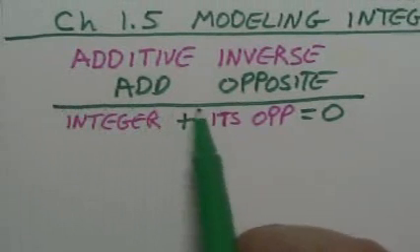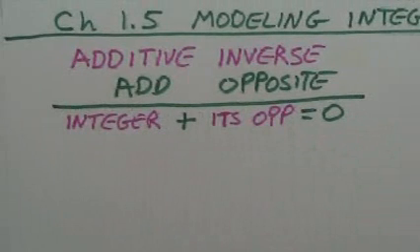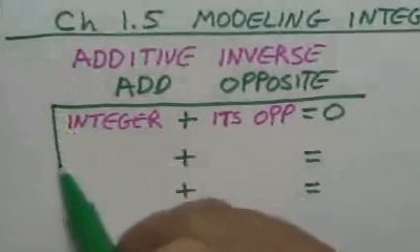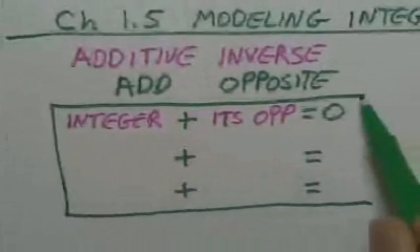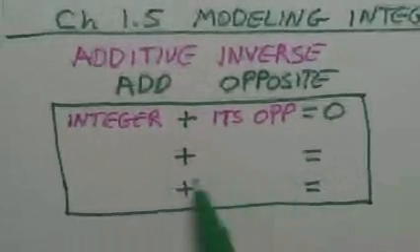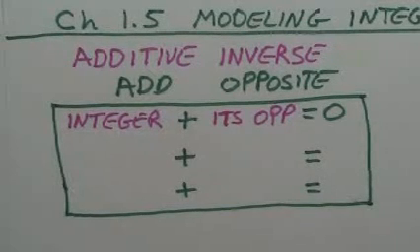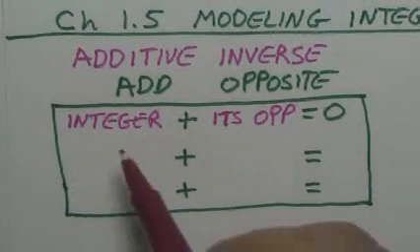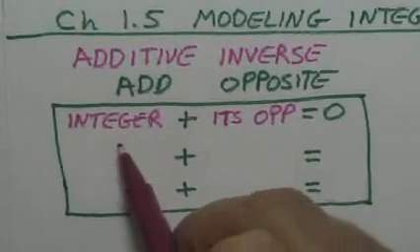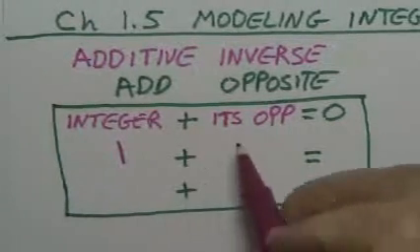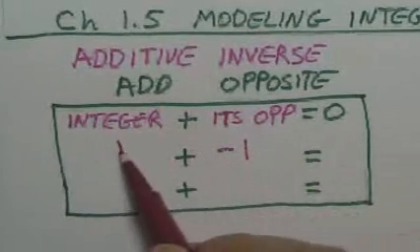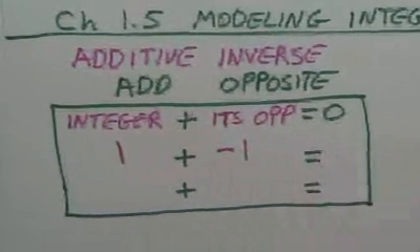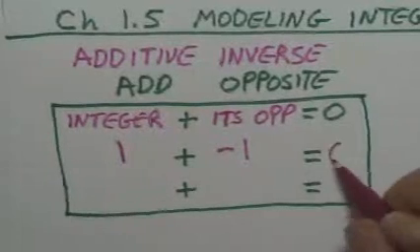I'm going to kind of separate this with a line. And we'll give two examples. So for example, if I use 1 and negative 1, 1 plus negative 1, see, an integer and its opposite is 0.